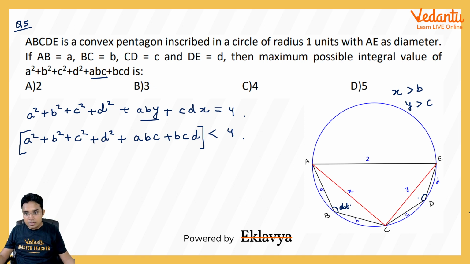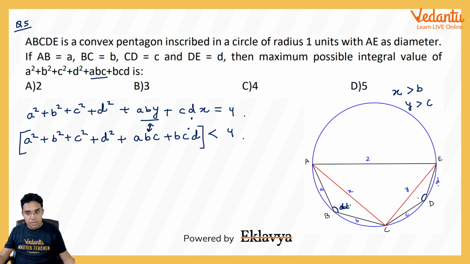And in that case, it can be checked that y will become equal to c, and D will become 0. So what change we have done here, this will be nullified, and D will become 0. So both these terms will become 0.